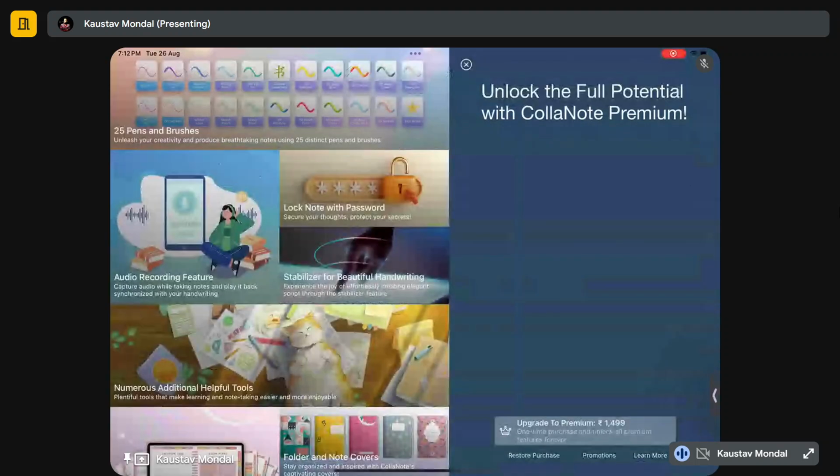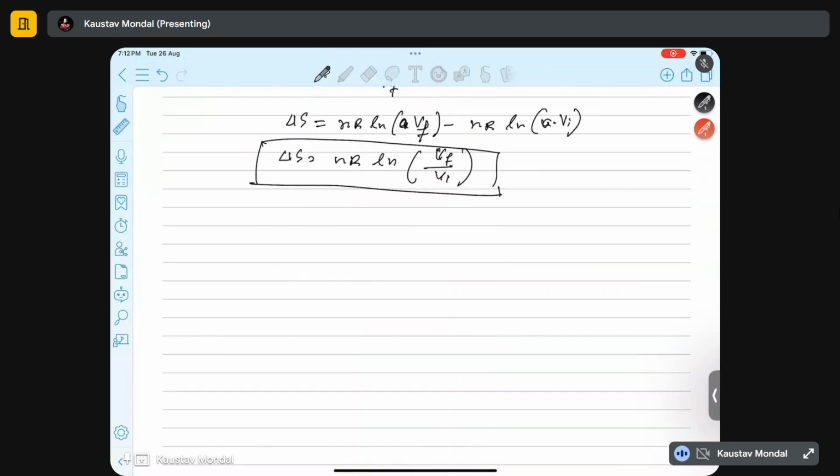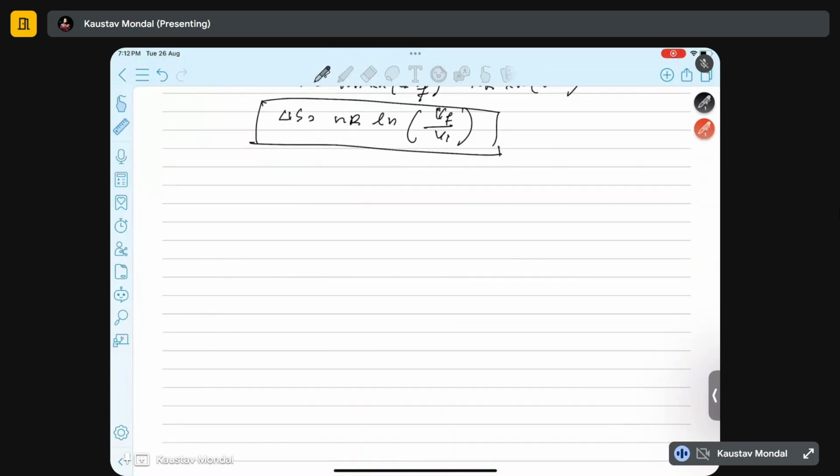Right. Now next, from the classical thermodynamics perspective, we know the entropy change is related with the change in heat for a reversible process by this formula: dS equal to dq reversible by temperature, right?